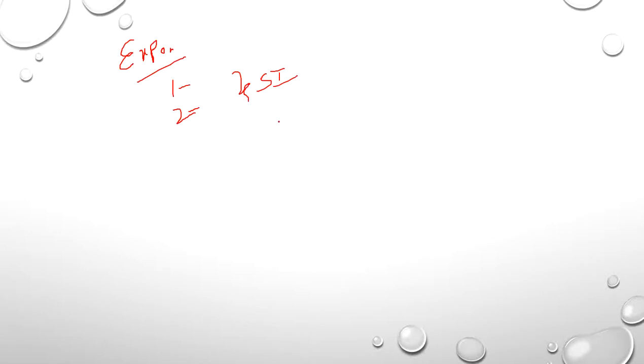If you take the Poisson distribution, e power minus lambda into lambda power x by x factorial, this is a 1 parameter exponential family. How can we say that it is a 1 parameter exponential family? It needs to satisfy some conditions.